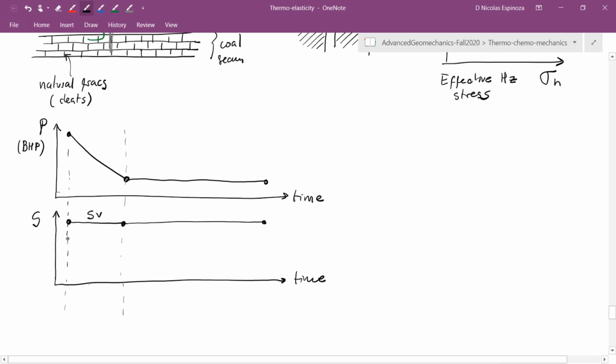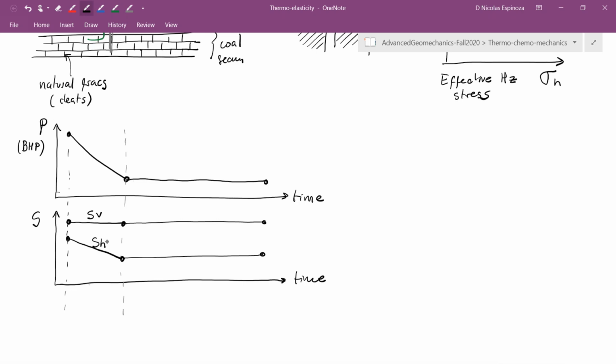And let's say, for example, that we were in normal faulting and that horizontal stress starts somewhere over here, and because of the decrease in pore pressure, the total horizontal stress is going to change as well. This would be the case for a reservoir without experiencing any absorption-induced deformation.